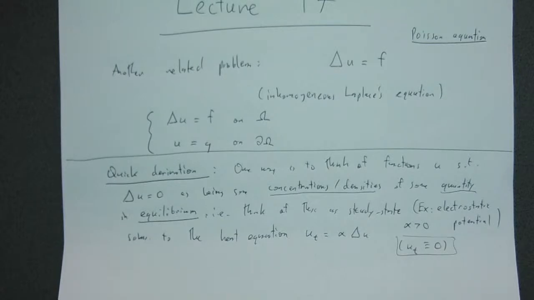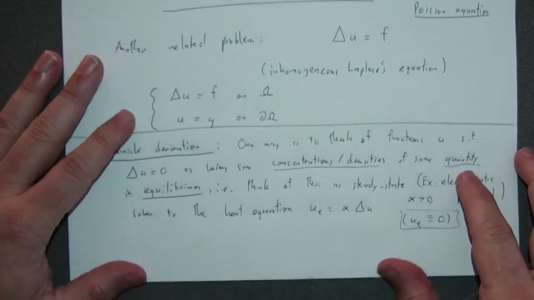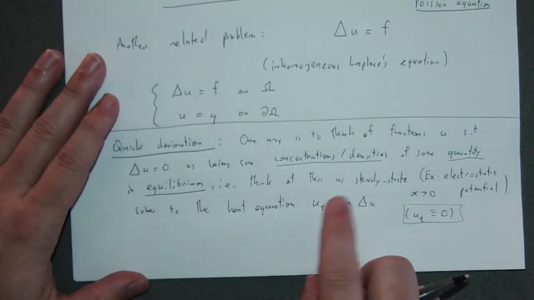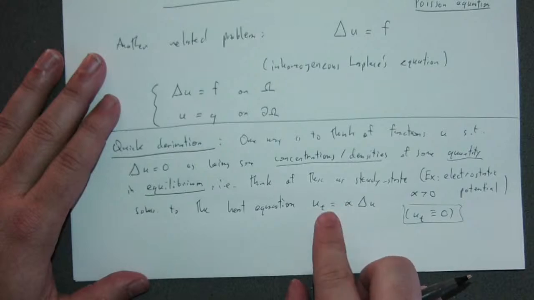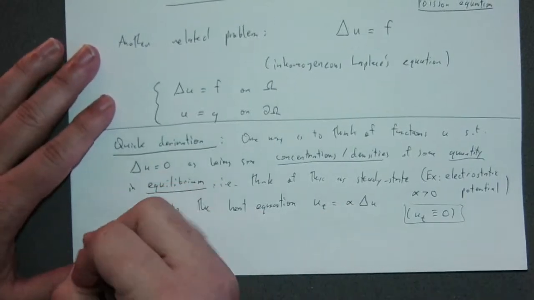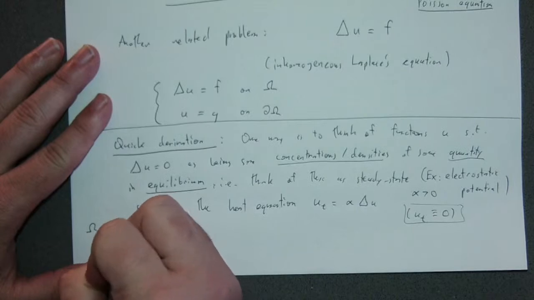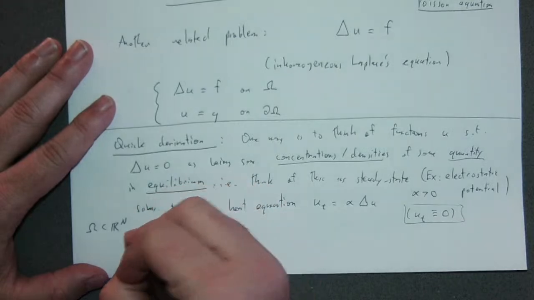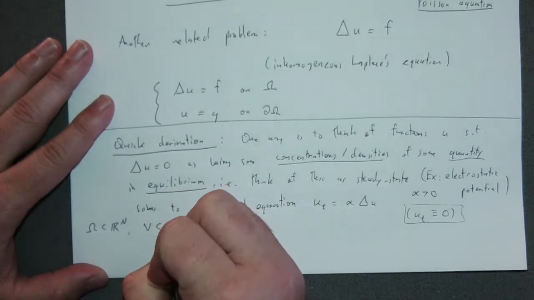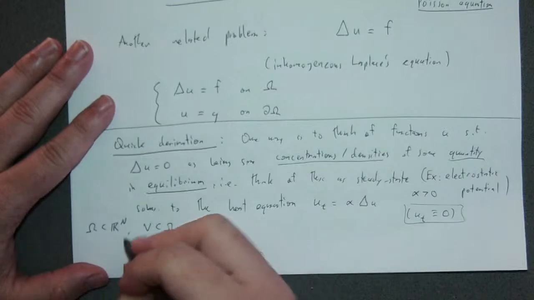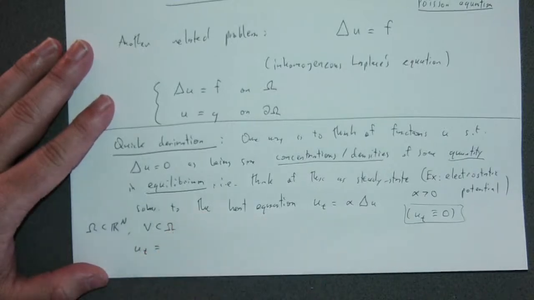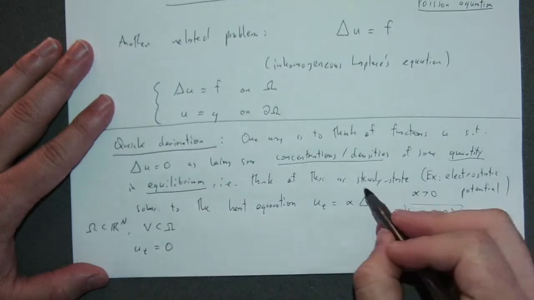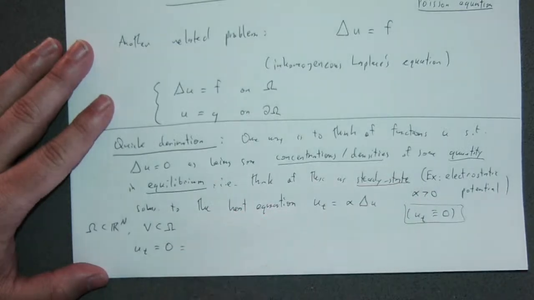But then, what about, if we go back to our derivation of the diffusion equation, then if we're in some domain in Rn, right, and we have some concentration or density of some quantity which is in equilibrium, then if I pick a subdomain, say V, of omega, what do I have? I have that this u sub t is 0, right, since we're seeking steady state solutions.